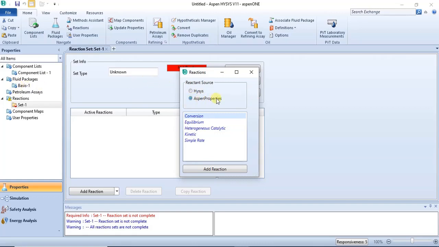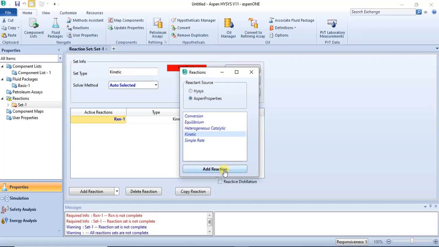So you click on Aspen properties. If you used Hysys data banks, you click on Hysys data banks. So you click on whichever you used, right? Now, you click on kinetic, because it's kinetic that we are using for this model. So you click on kinetic and you click add reaction.